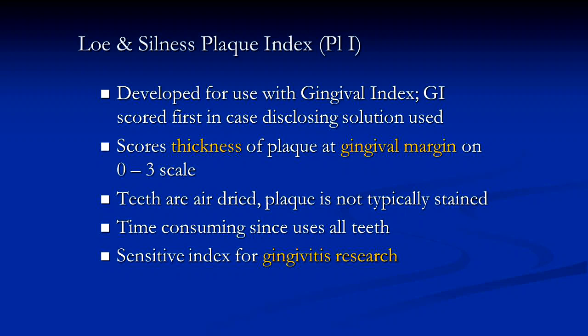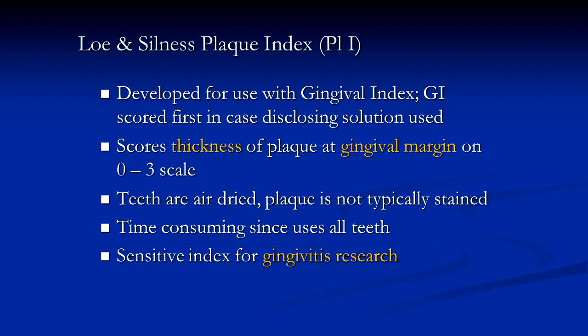So you're going to air dry the teeth, and you are going to use a probe to determine the plaque level on the teeth. And you're going to score each tooth, and then you're going to add them all together and average them and get a mouth score.